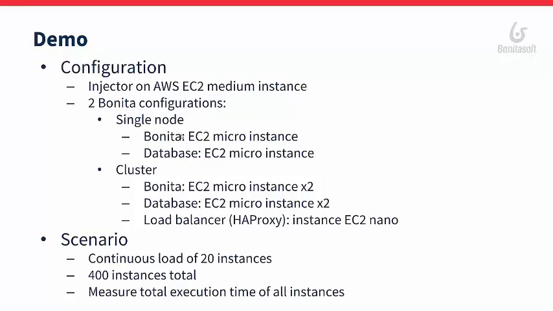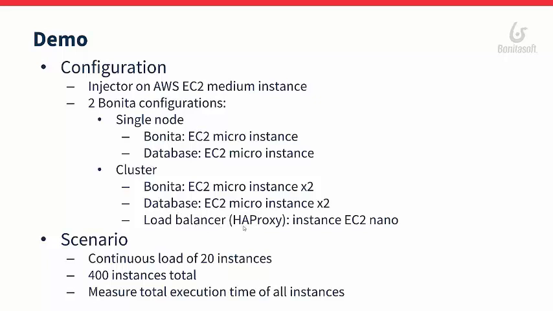We have a single node with one micro instance for Bonita and one for the database that is used by Bonita. And we have a cluster version with two nodes in the cluster, so we basically double the configuration of the single node.